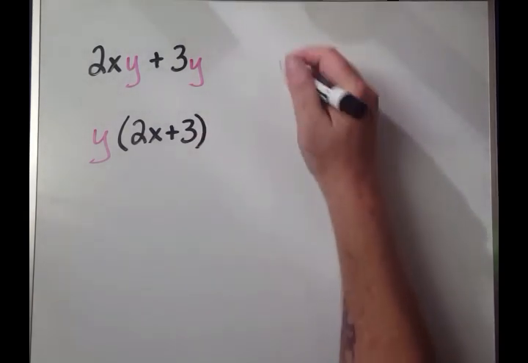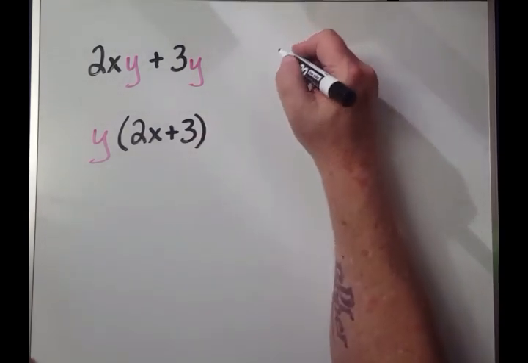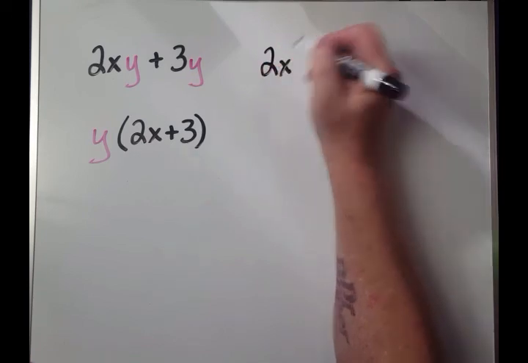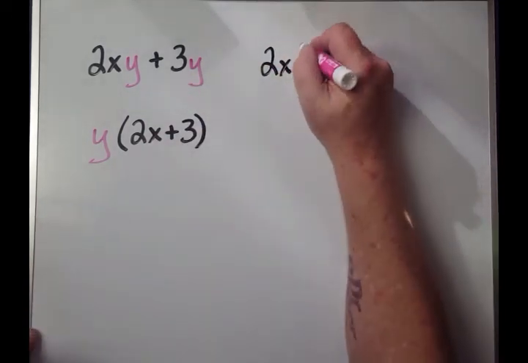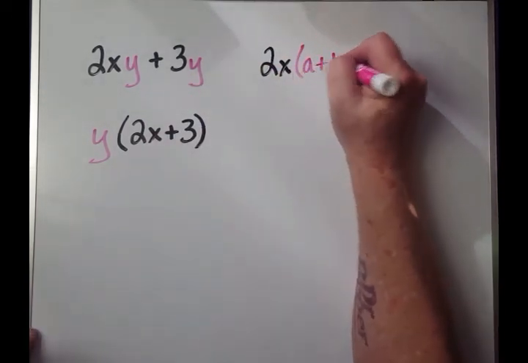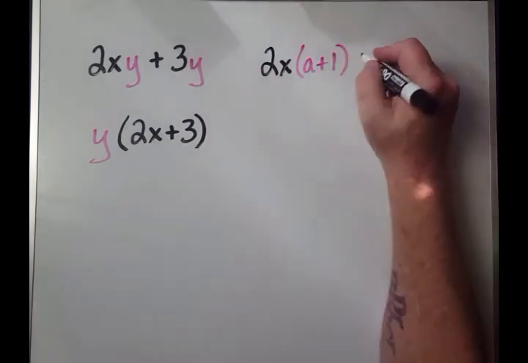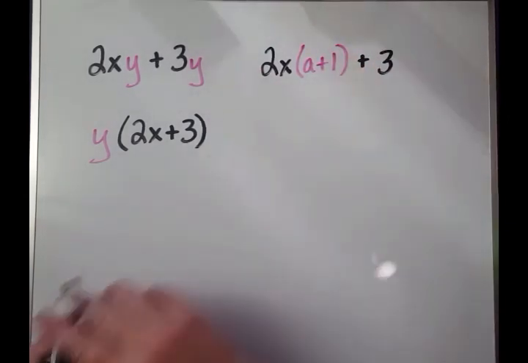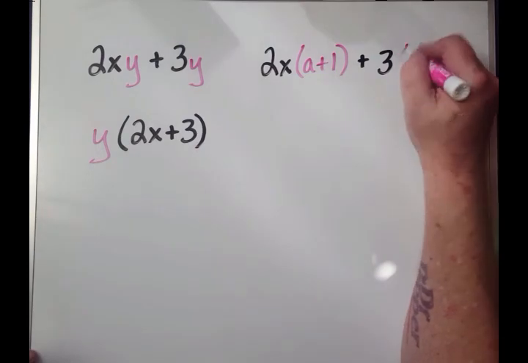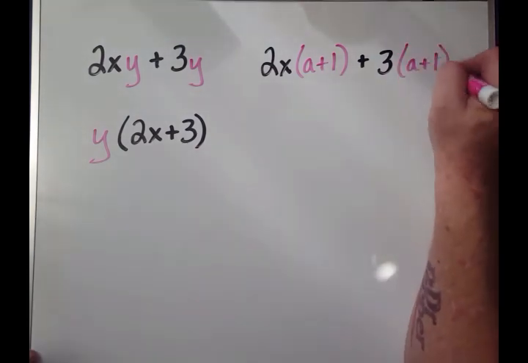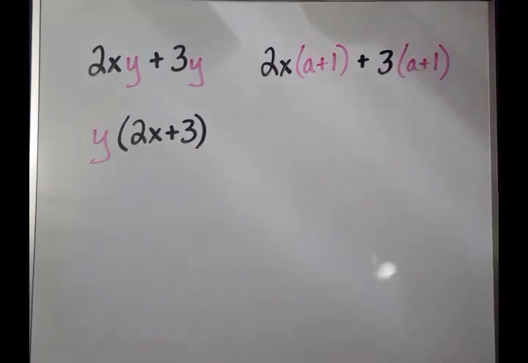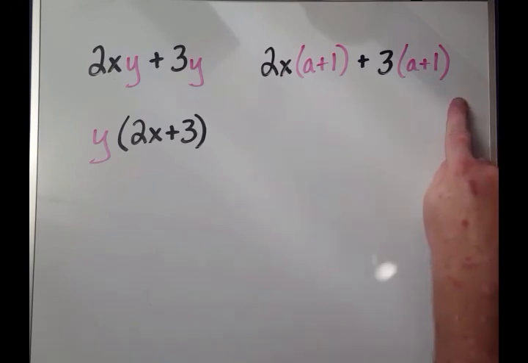Now compare this to a companion problem. 2x times the quantity, a plus 1, plus 3 times the quantity, a plus 1. My first question, how many terms do you see?